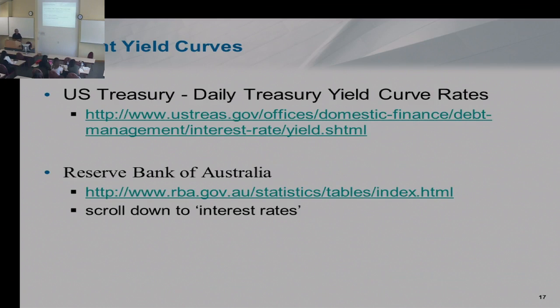If you're interested, we haven't got time to look now. Oh, maybe we have. Let's have a look and see what the US Treasury has. What do we do here? Control click. Come on.